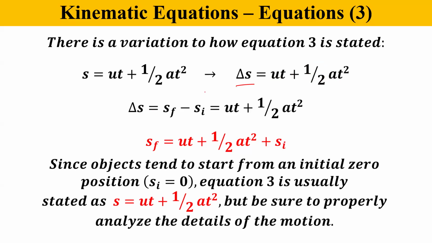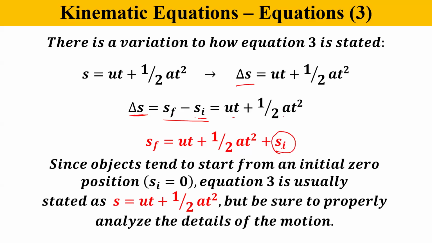Now, your delta S, meaning some final distance to some initial distance was what you started with, and it ended up giving you this expression. So your final displacement, remember you had an initial one, is equal to UT plus half AT squared.